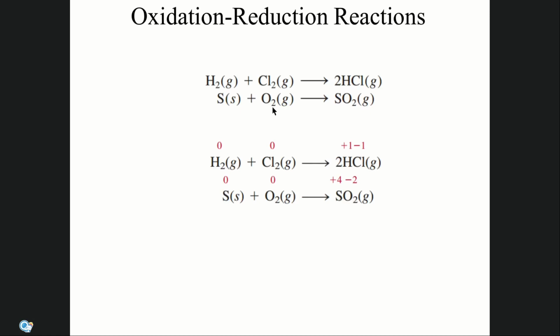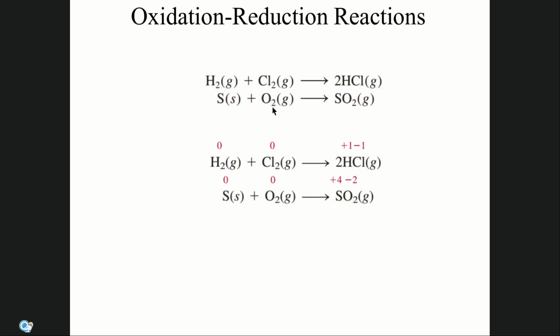To keep track of electrons in redox reactions, it's useful to assign oxidation numbers to the reactants and products. An atom's oxidation number, also called oxidation state, signifies the number of charges an atom would have in a molecule or an ionic compound if electrons were transferred completely.